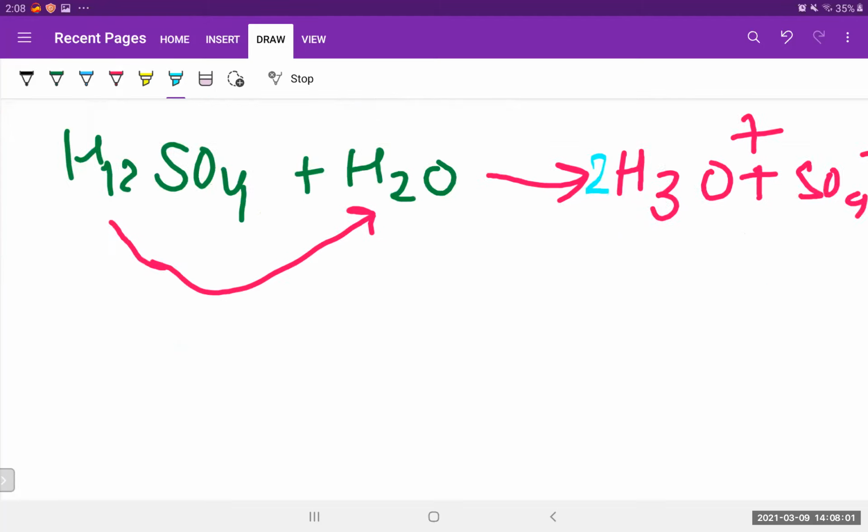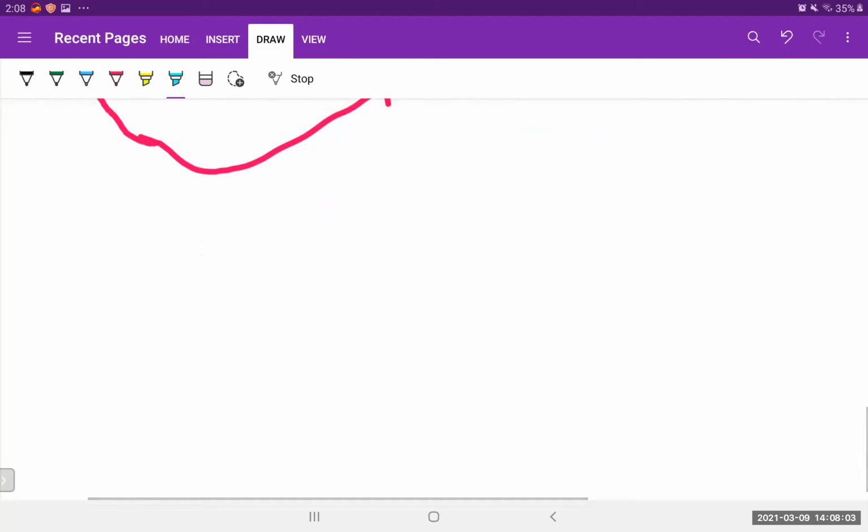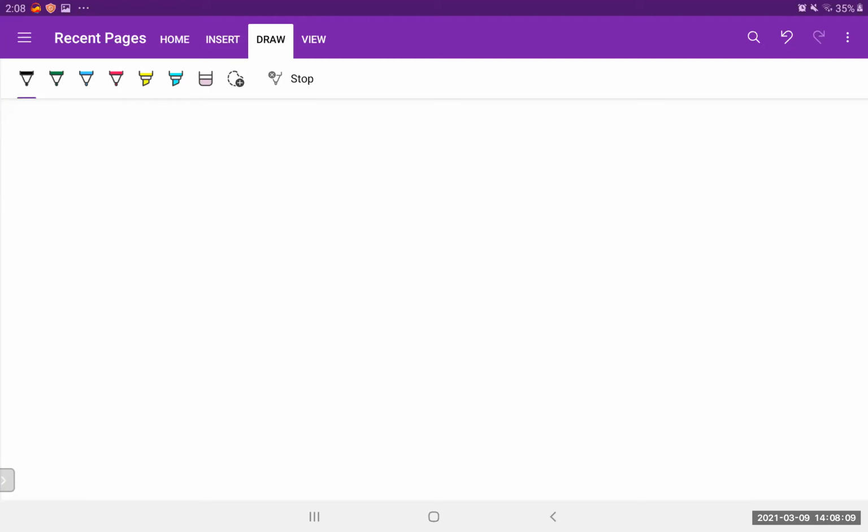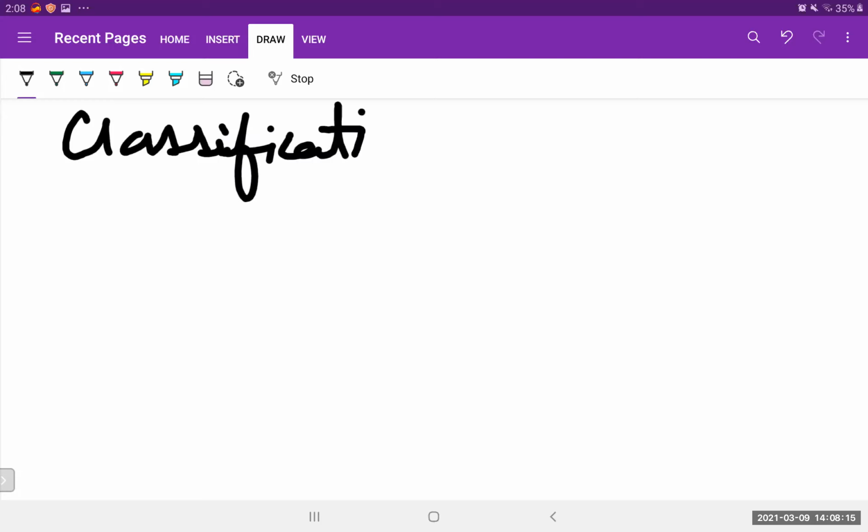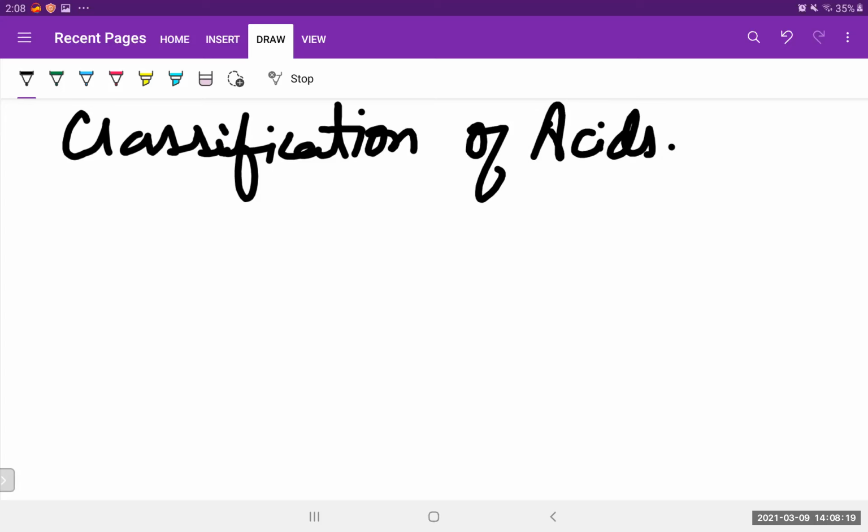Now let's discuss the classification of acids. Shall we start? So we are starting with the classification of acids. It's very important. Classification of acids can be done on multiple bases.